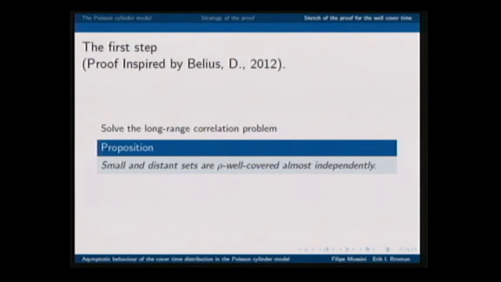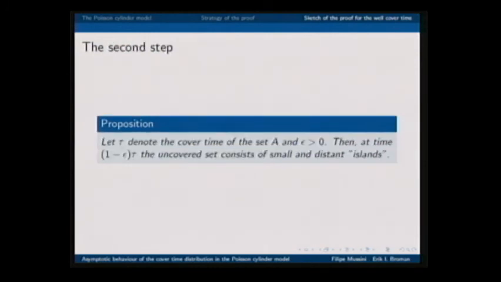The second step, and this is not very difficult to prove, is a little bit more complicated. Basically it says that if you take just before the set is covered, the picture that you are left with is exactly the one described in the previous theorem. So you have these islands here, and then we can apply the first theorem.